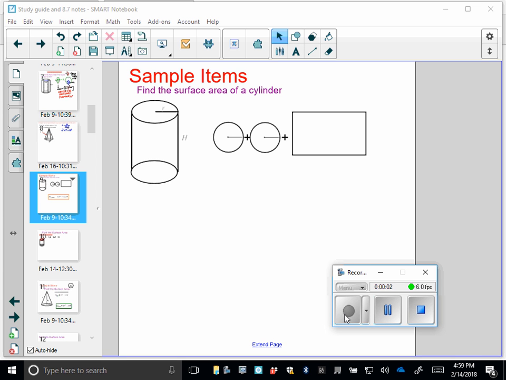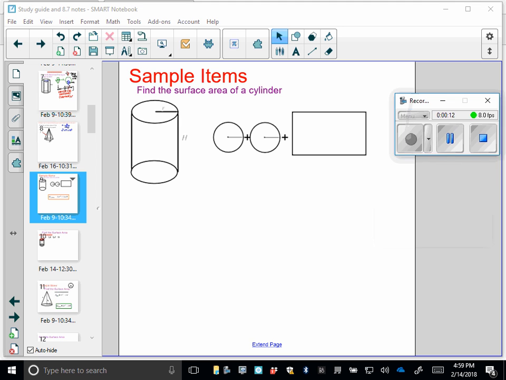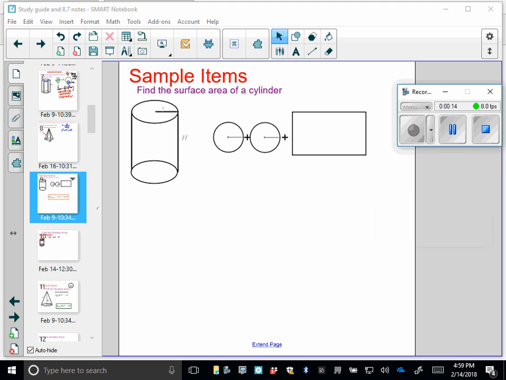This is just a quick learning video finding surface area of cylinders and cones. So we're going to focus first on the visual.